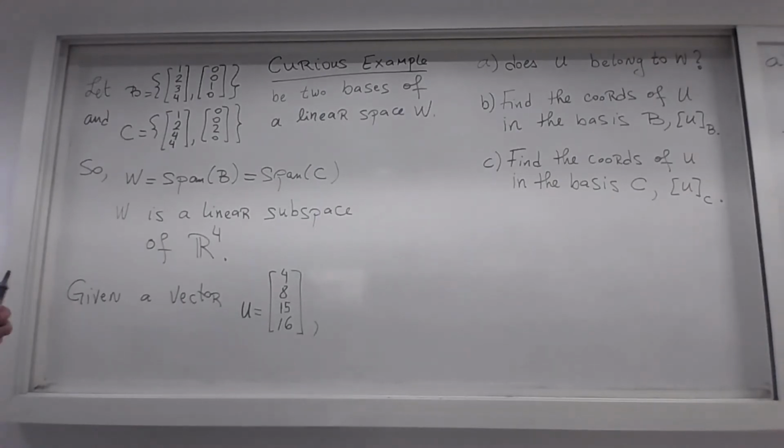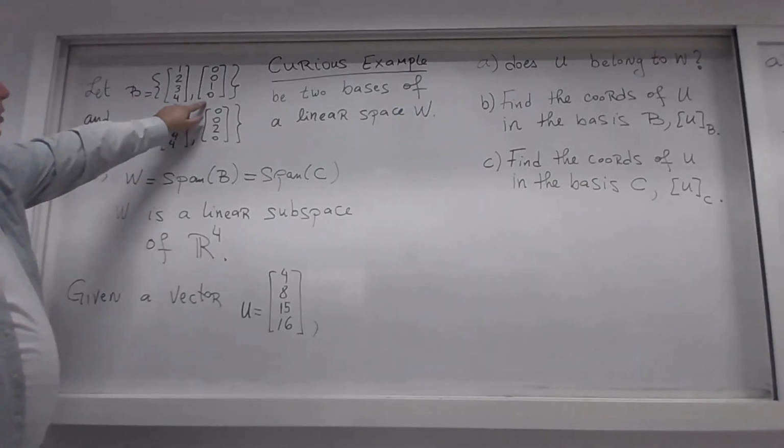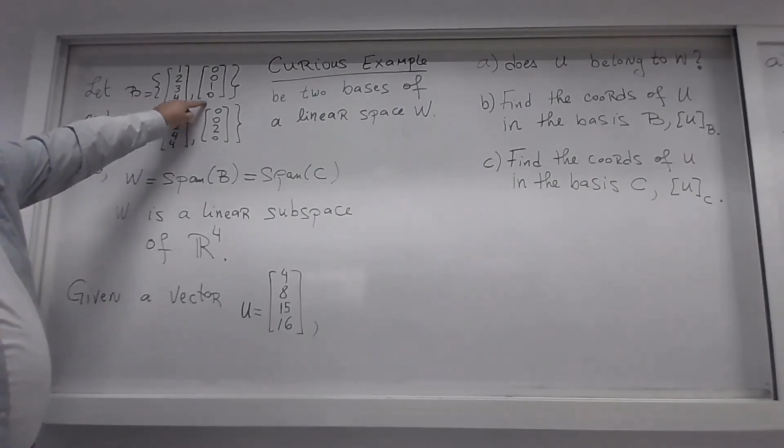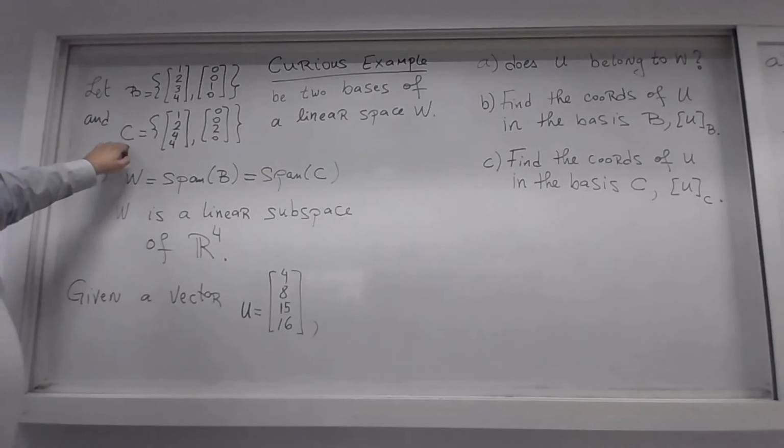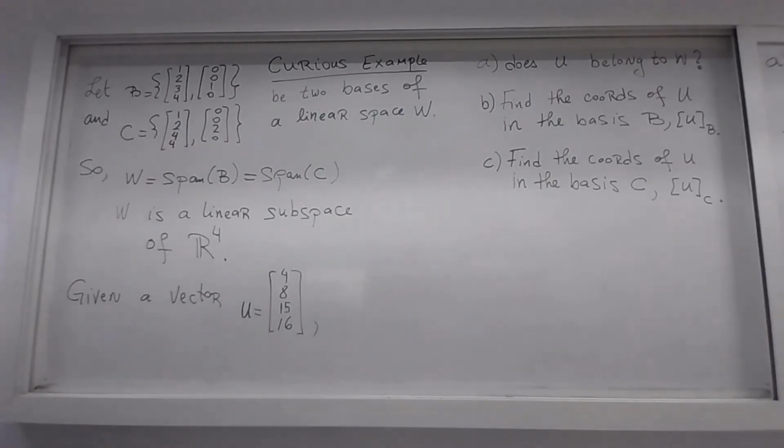Here we go with one interesting example. So I have B, a set of two vectors here. They are linearly independent, obviously, because they're not scalar multiples of each other. And then I have another set C with these two vectors that are also linearly independent, obviously, because they're not scalar multiples of each other.